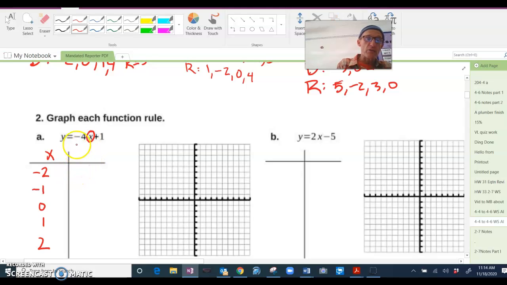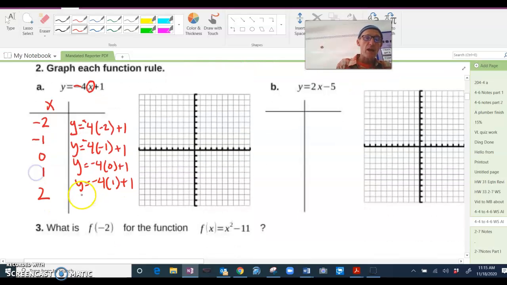So the first value: y equals -4 times -2 plus 1. y equals -4 times -1 plus 1. And y equals -4 times 0 plus 1. y equals -4 times 1 plus 1. And y equals -4 times 2 plus 1.